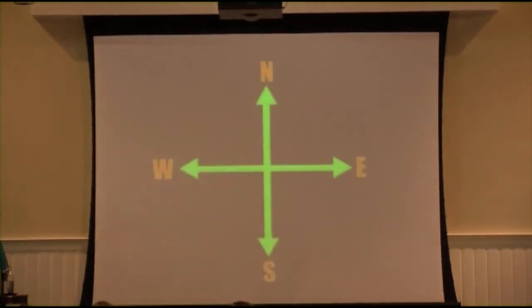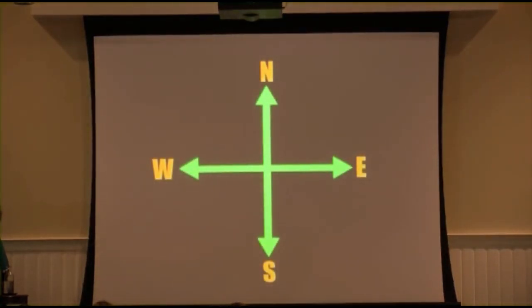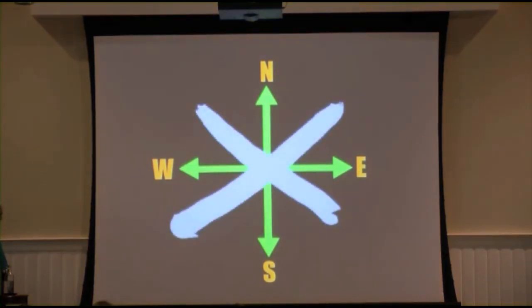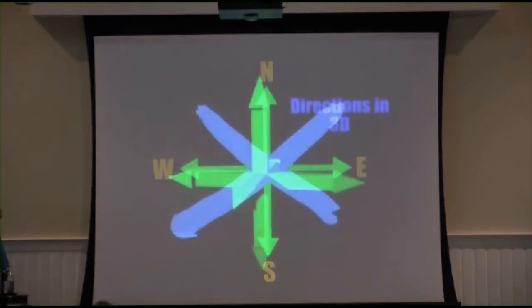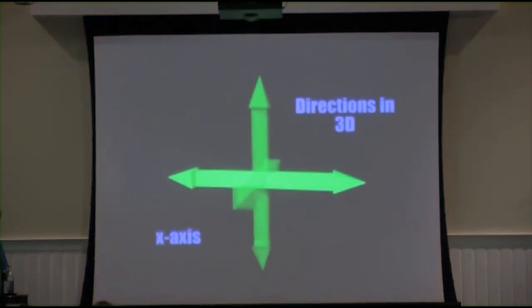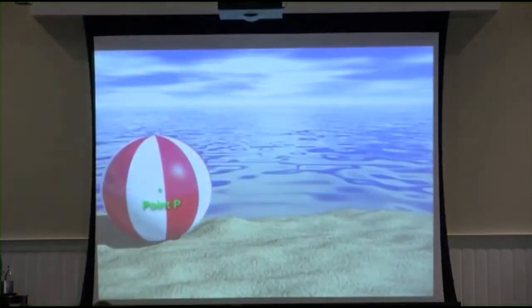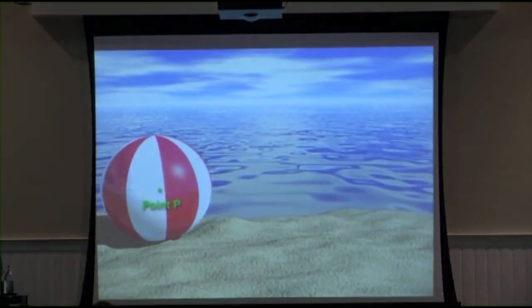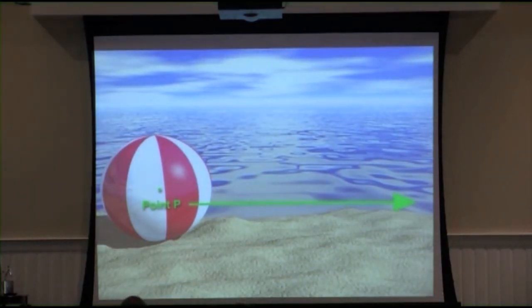To animate a ball in 3D, you have to understand your directions. Not north, south, east, and west. For example, left and right is the x-axis. Up and down is y. In and out is z. Right now the ball is at point P on the x-axis. To move the ball from left to right, you have to increase the value of P. Let's add 6 units to the x value of P.